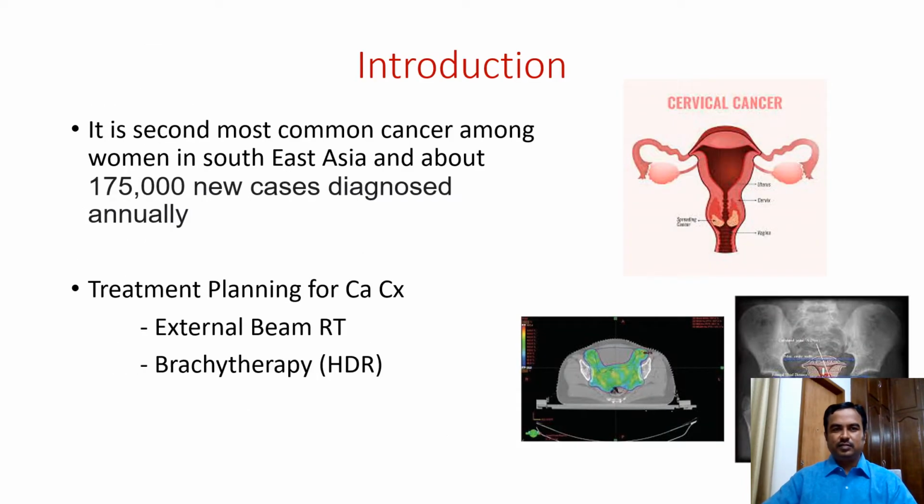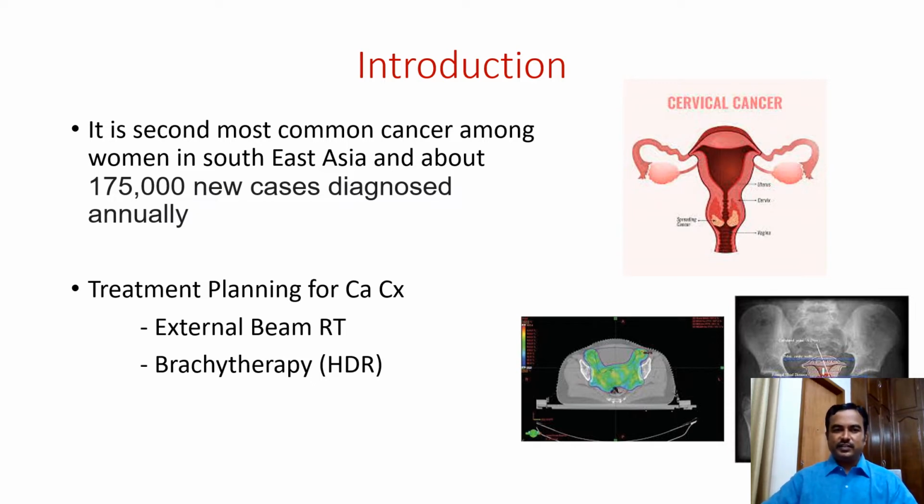So, as you all know, cancer of the cervix is one of the most common cancers among women, especially in Southeast Asia, and a huge number of women are diagnosed every year with cervix cancer.